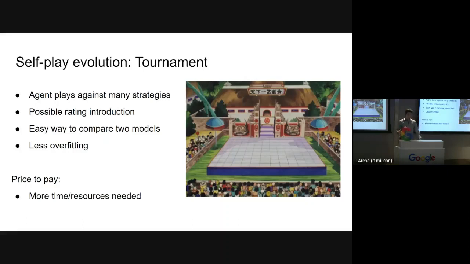Being trained against different models, we avoid overfitting in this way. So an agent develops an optimal, general strategy. But still there is a price to pay: if you run more matches, you will probably need more resources. And you cannot run a big tournament on your machine.